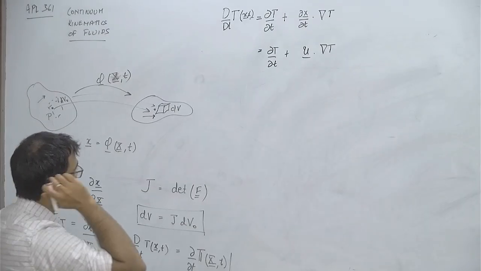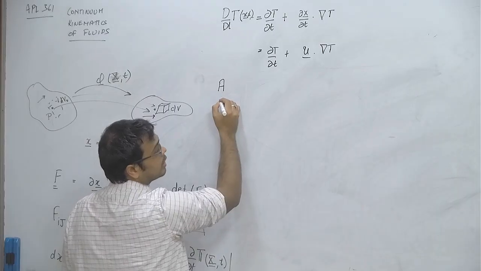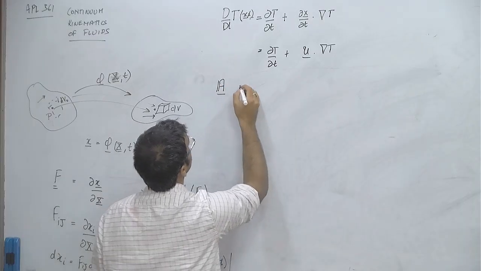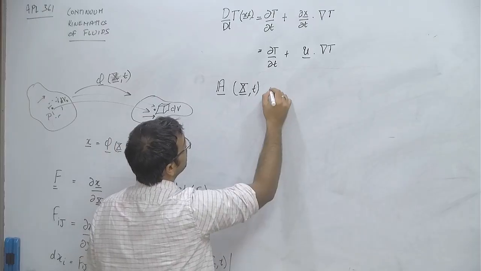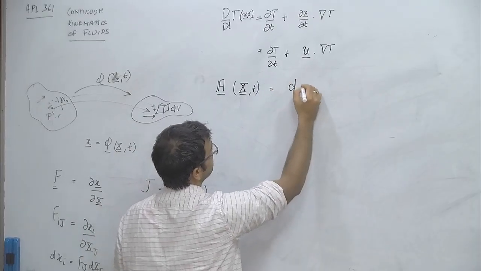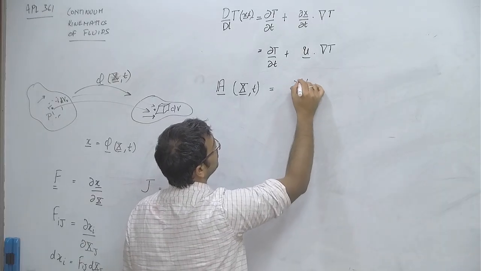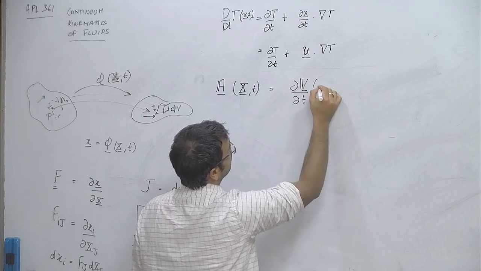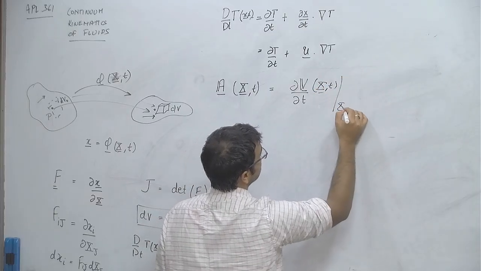So in a similar sense, you can define the acceleration of a particle. Let us say you're defining acceleration, let's label it with this capital A, and that is for a particle. Okay, and the definition of acceleration is again del v by del t, again this being a function of capital X comma t, keeping capital X constant.